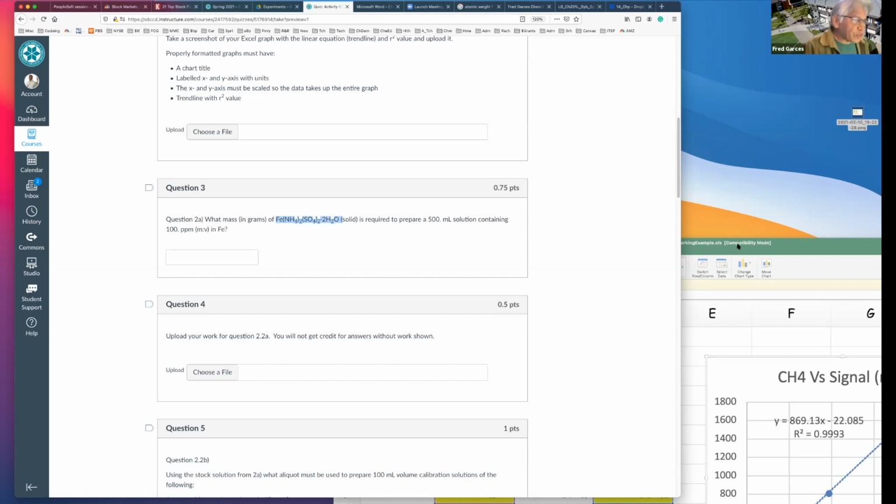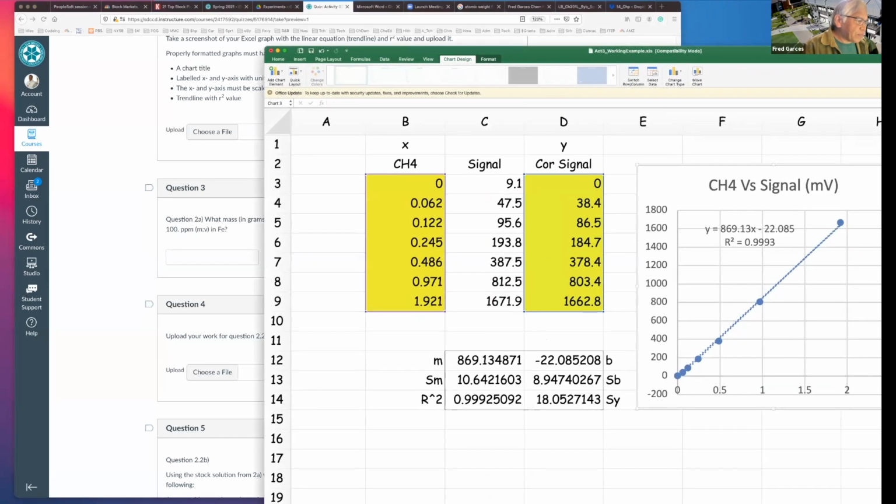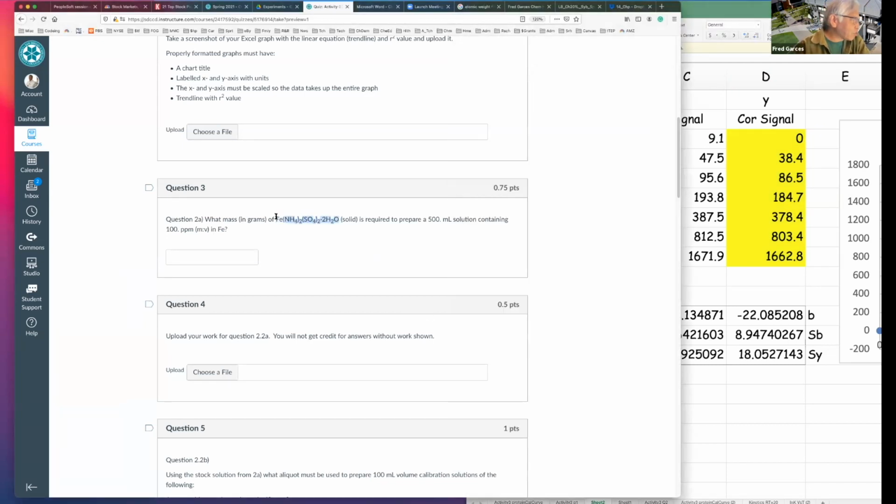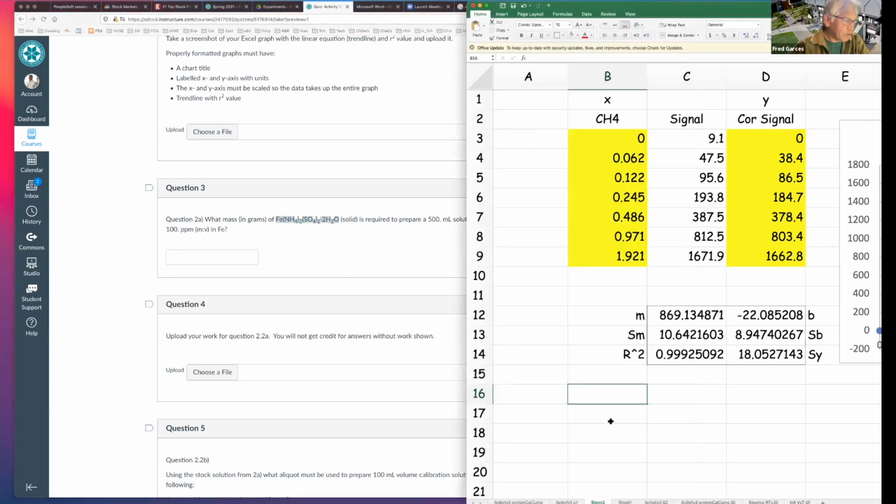So the way you do that, I'm not going to do that problem for you, but I will help you set it up. You need to know the molar mass of this chemical. And like I said, it's about 320. Get a better value. So the molar mass for this chemical is about 320 plus or minus. The molar mass of iron is going to be about 55.85.